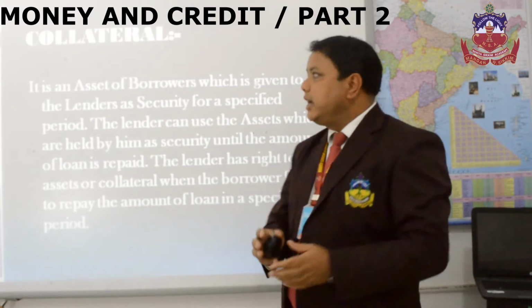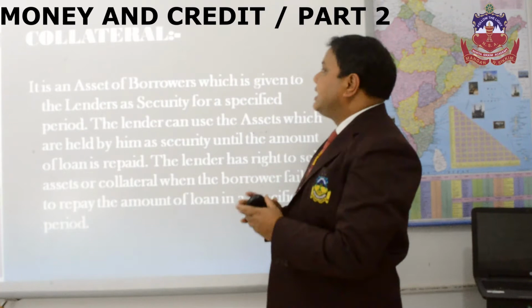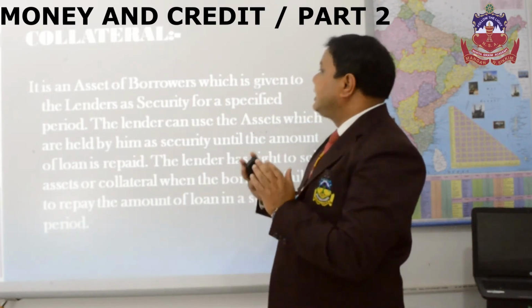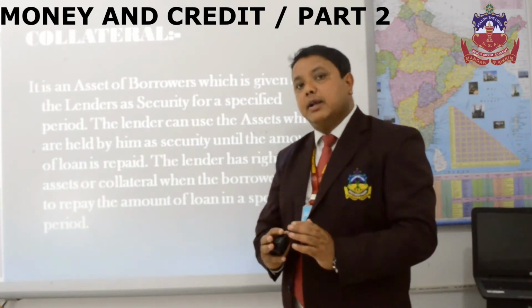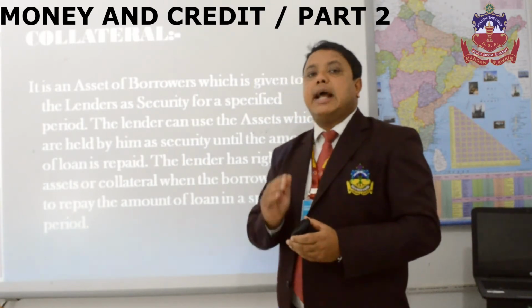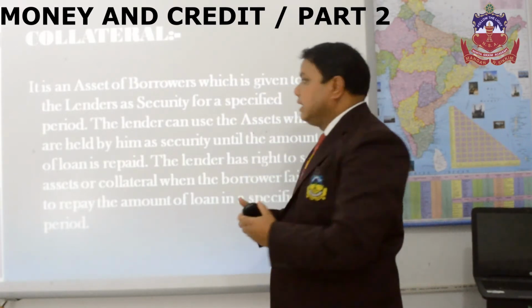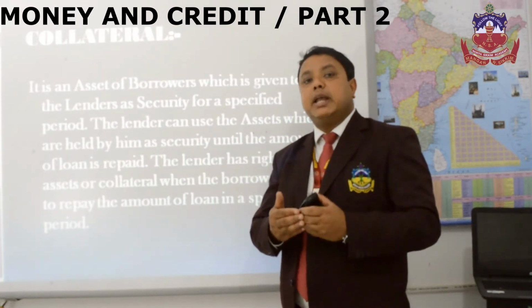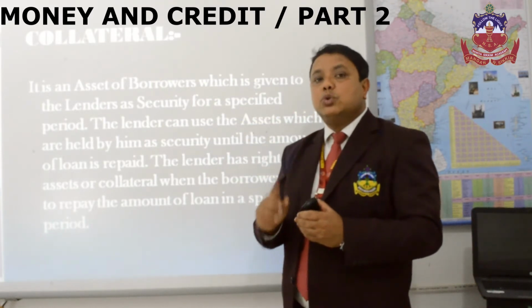In the terms of credit, we have collateral also. Collateral is an asset of the borrower which is given to the lender as security for a specified period. That means collateral acts as a security to the lender. A person who has taken money from a lender has to give collateral or security to the lender.